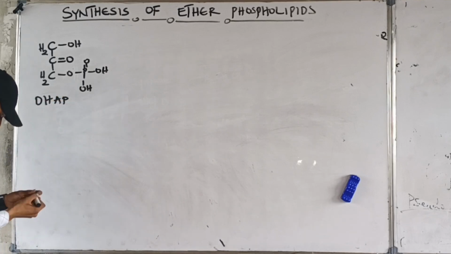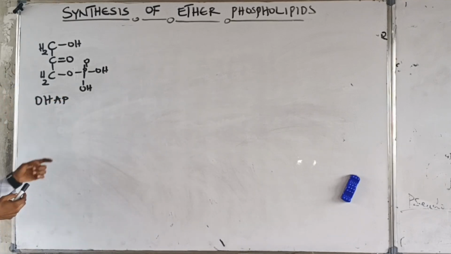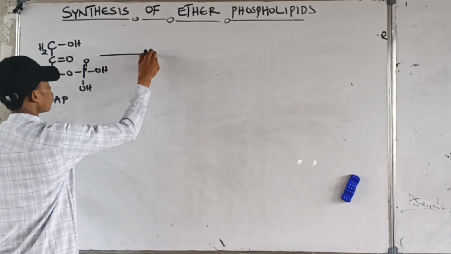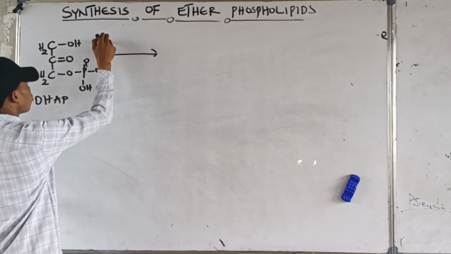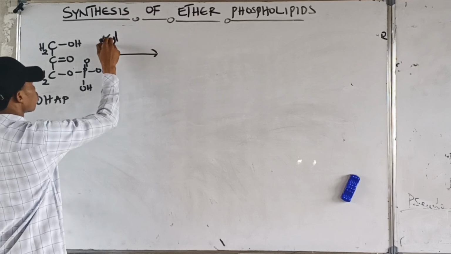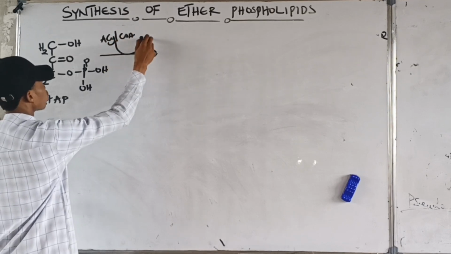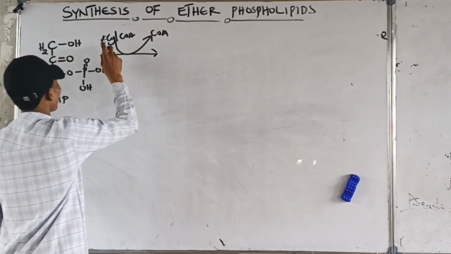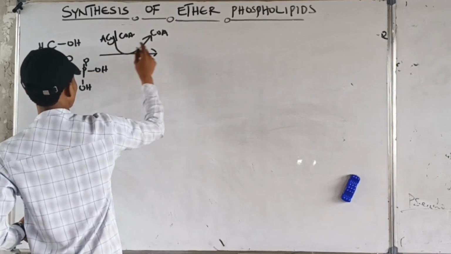Now the next thing, after you've done your dihydroxyacetone phosphate, is to attach your fatty acid. So fatty acid in the activated form, fatty acyl-CoA, comes in and CoA is leaving. So we are attaching only the acyl group. The acyl group is being attached on carbon 1.